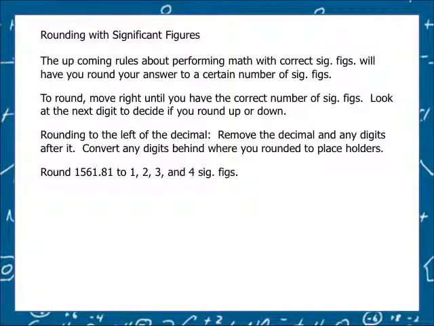Skip ahead past all the stuff that we've already done and come to rounding with significant figures. And we're going to need this, like I said, because these rules you will use when we're doing maths with significant figures, which is the take-home end goal of this series so that you can do lab reports and do math with them and report the math with correct sig figs.